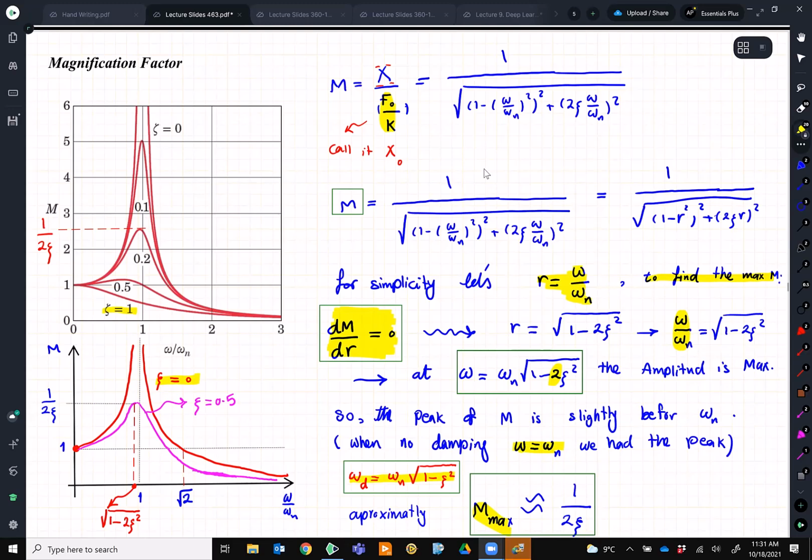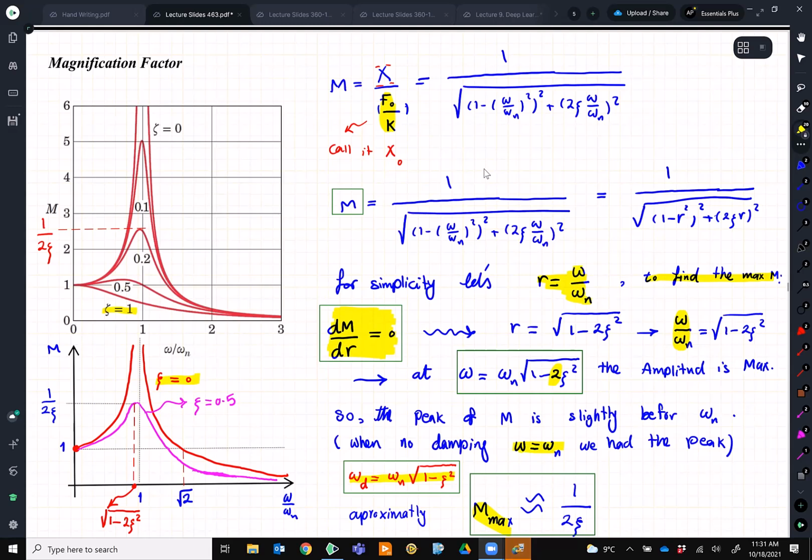I guess with the same reason that we proved mathematically for why the resonance happens at omega n, right? We are resonating the system at exactly the same frequency as its natural frequency.